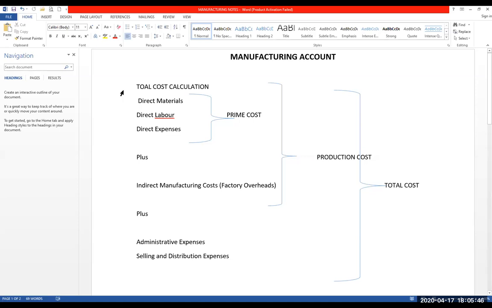These 3 types of costs, direct labor, direct materials, direct expenses, they are all known as prime costs. Prime costs added to your indirect costs, it is now called production costs.